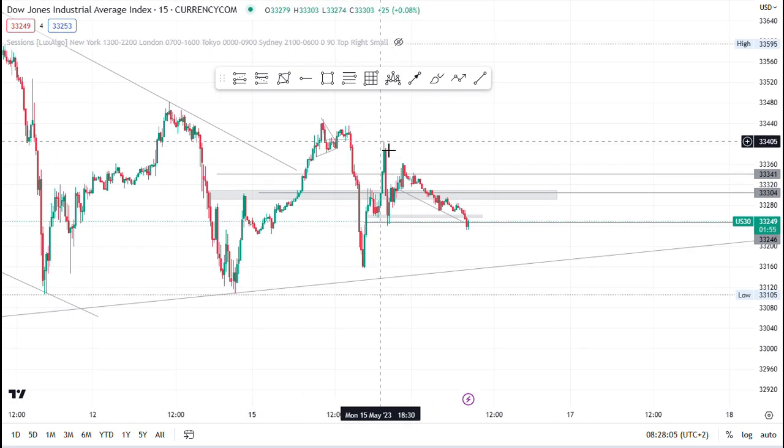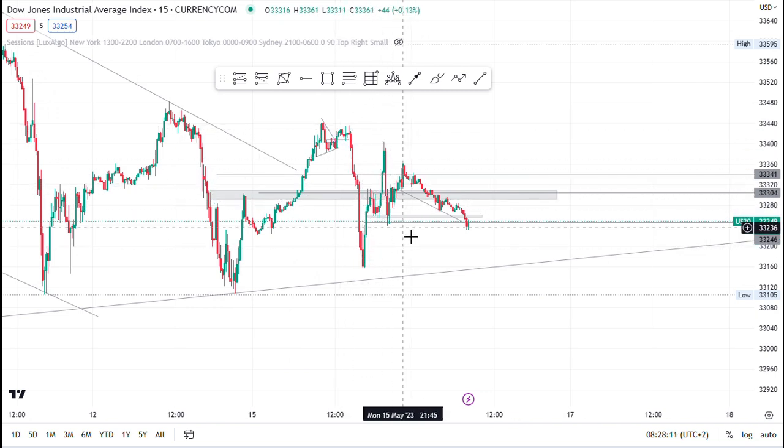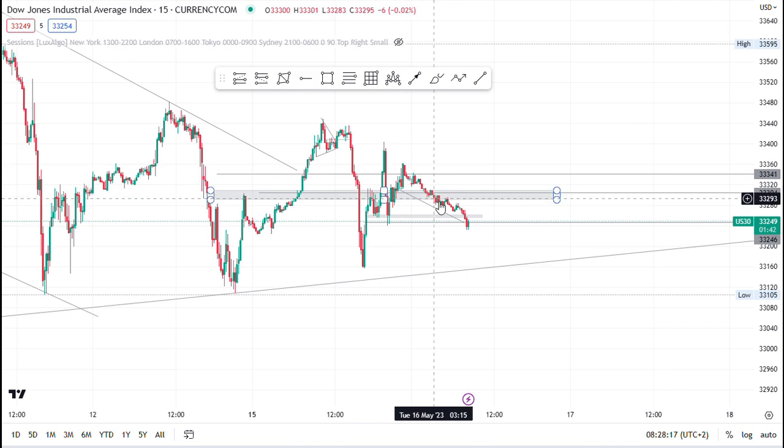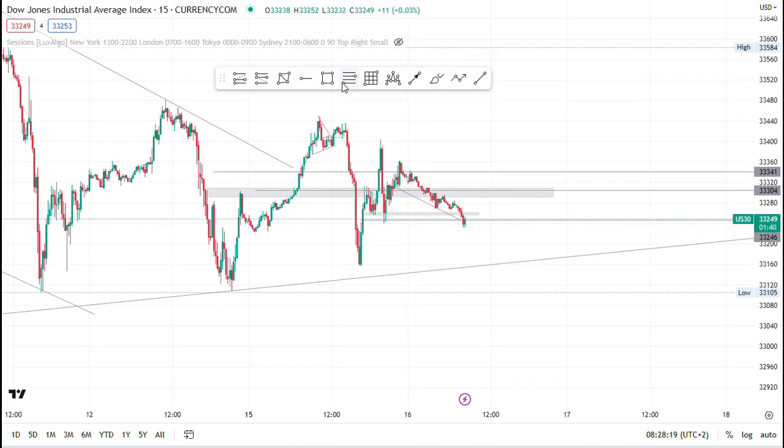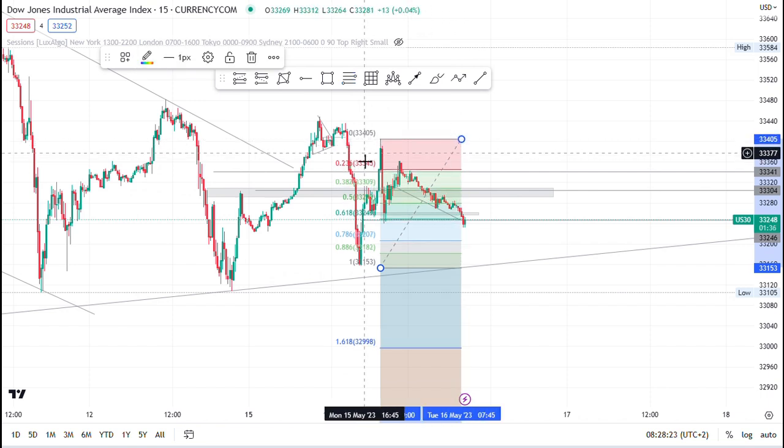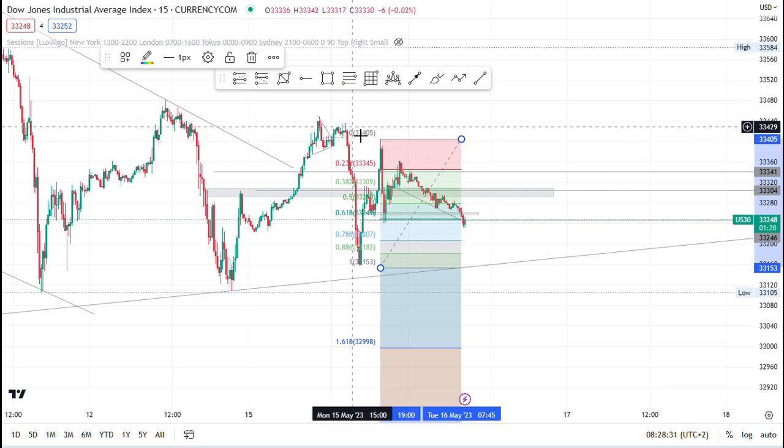So we can see that we had this nice impulsive move to the upside. We broke our previous high. We retested this area, failed to break the support, went back to the upside, and then we're coming back in a deeper correction. Why would I consider this being a correction? Because when I pull up my Fibonacci, we can see that we touched our previous high in a sense, not that we initially got there, but we can see we kind of wicked inside this area here, and then we got a pullback within this area.